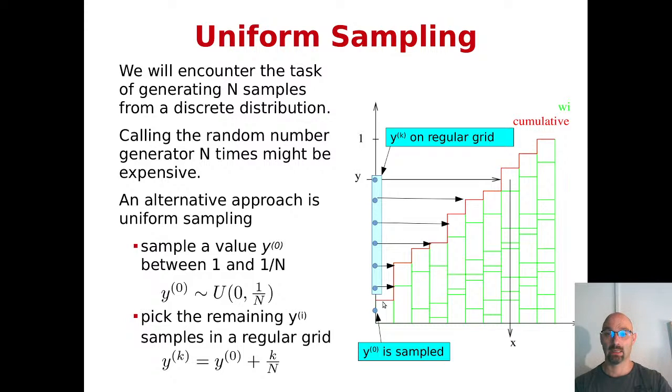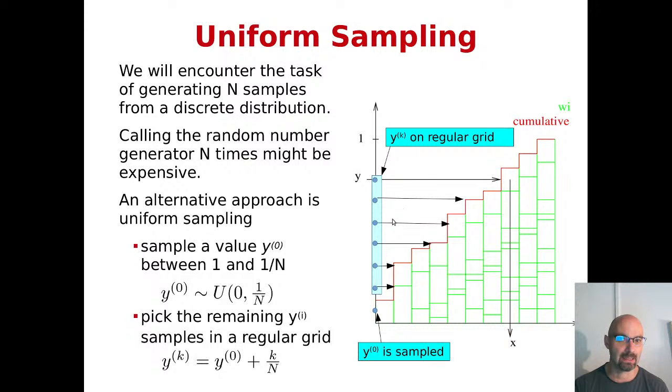Then you consider the next sample, and you advance the cursor on the x until the value of the cumulative distribution is not above this number over here. And then once you do so, you observe that in advancing this value, you also took this value over here, because the next step of the y falls here. So you will pick up this value twice. This is more or less the mechanism.